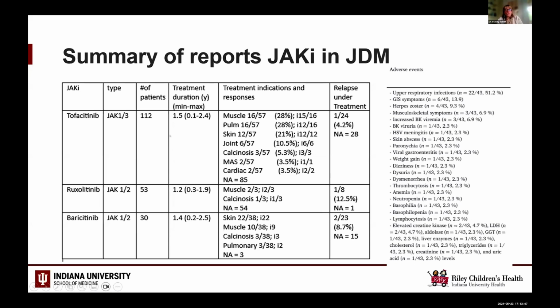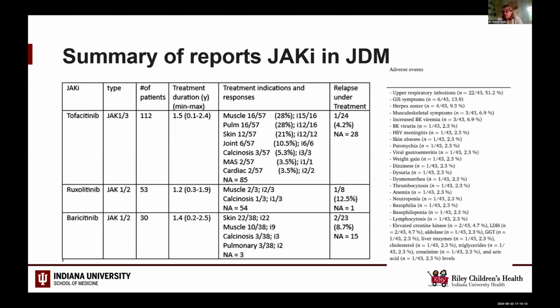The treatment duration for each of these amounts to about a year to a year and a half of exposure. The treatment indications are listed here in those patients that had that reported. Average age of the patients at the time of use was about 5 years of age, interestingly, and disease duration was about a year and a half.